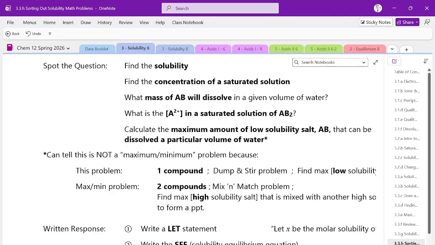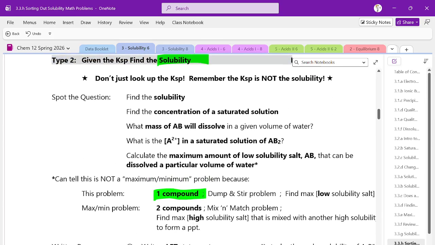It's going to mention just one compound. It's going to say find the solubility, or find the concentration of a saturated solution, because that's the same thing as the solubility.